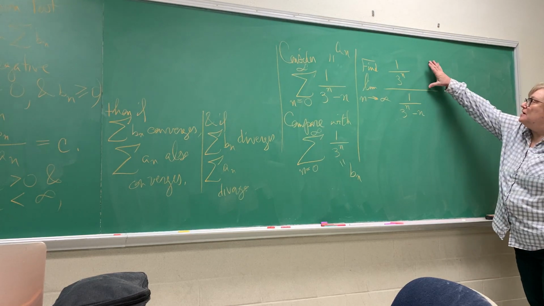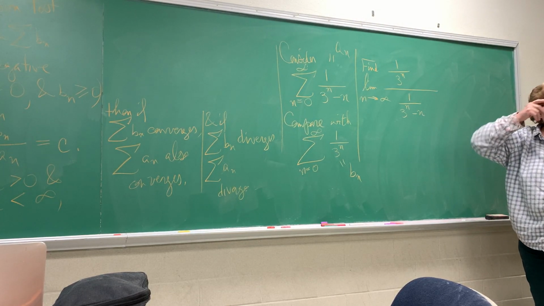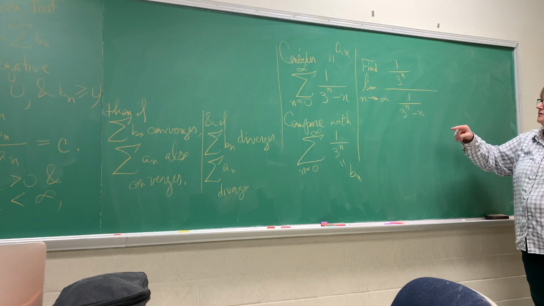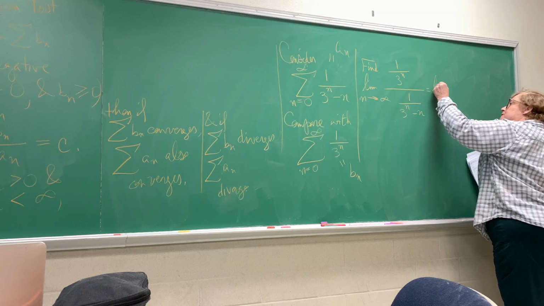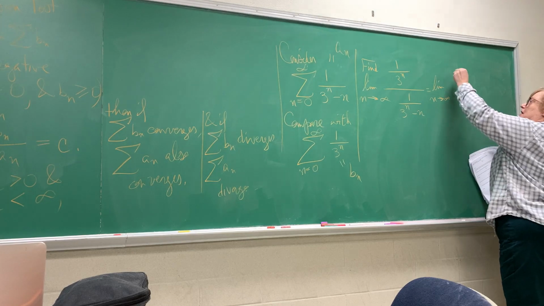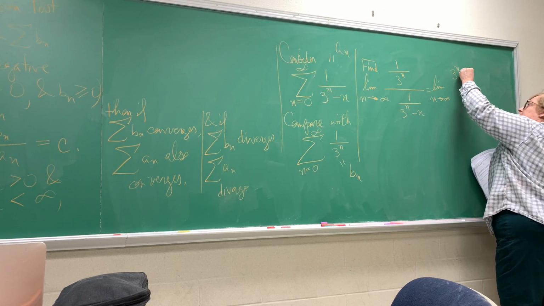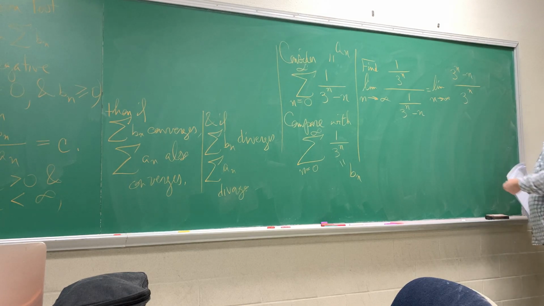And since we've got a fraction in the denominator, can we just invert and multiply? Yes. Okay, good. So this is the same as the limit as n goes to infinity of 3 to the n minus n divided by 3 to the n.